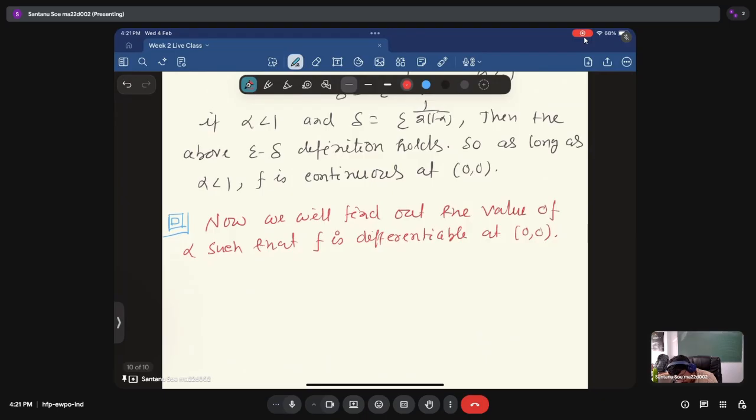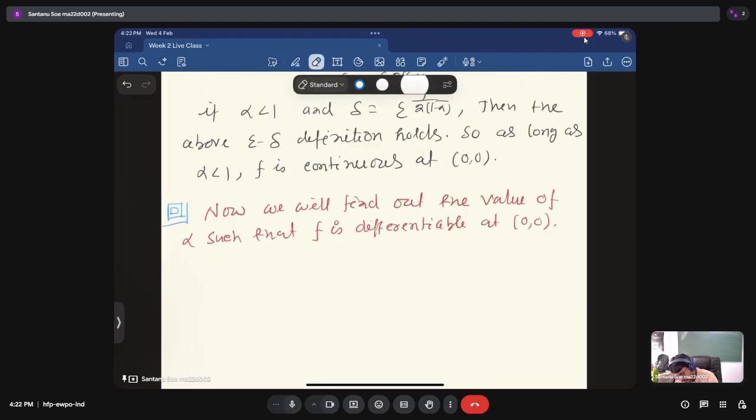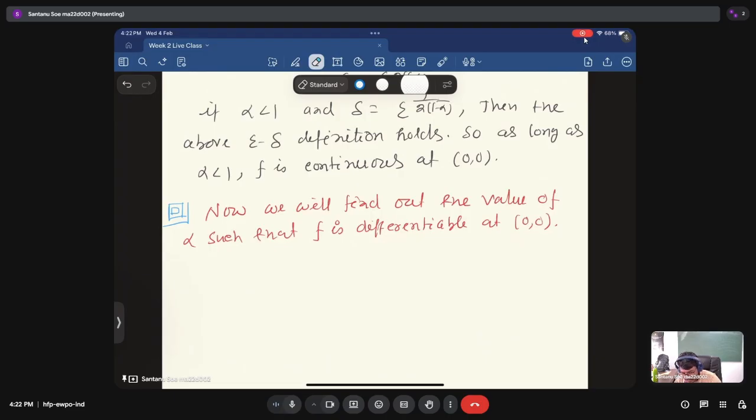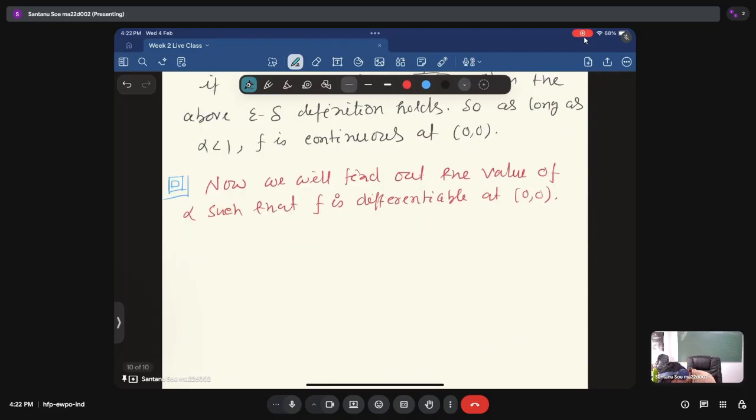Okay. So what is the definition of differentiability? What was the equivalent definition of differentiability at the point (0, 0)? So it was like this: limit as (h, k) tends to (0, 0).